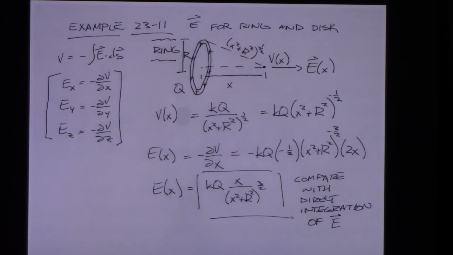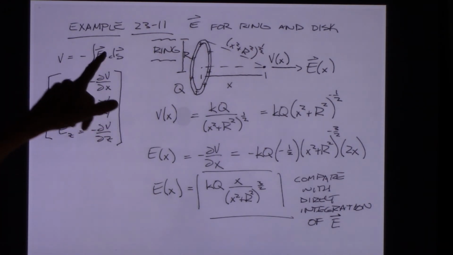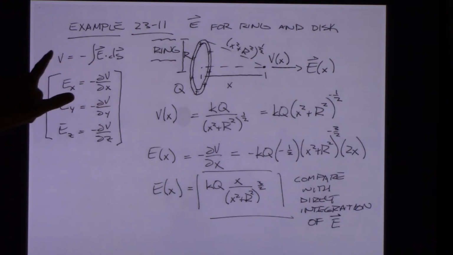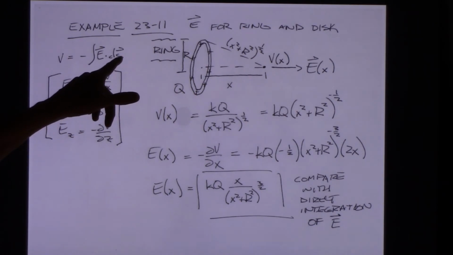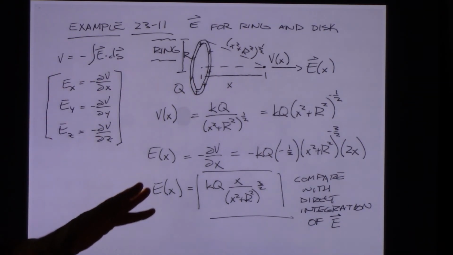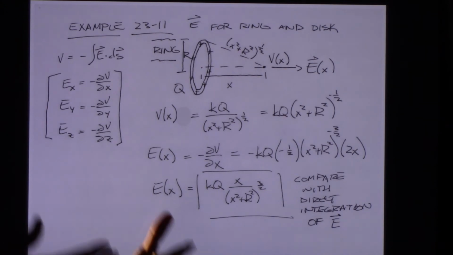Vectors have 3 components. Now, how do I get from a vector like the electric field to the potential, which is a scalar? The potential only needs information about the electric field along a particular path. That's how we got rid of the vector and replaced it with a scalar.